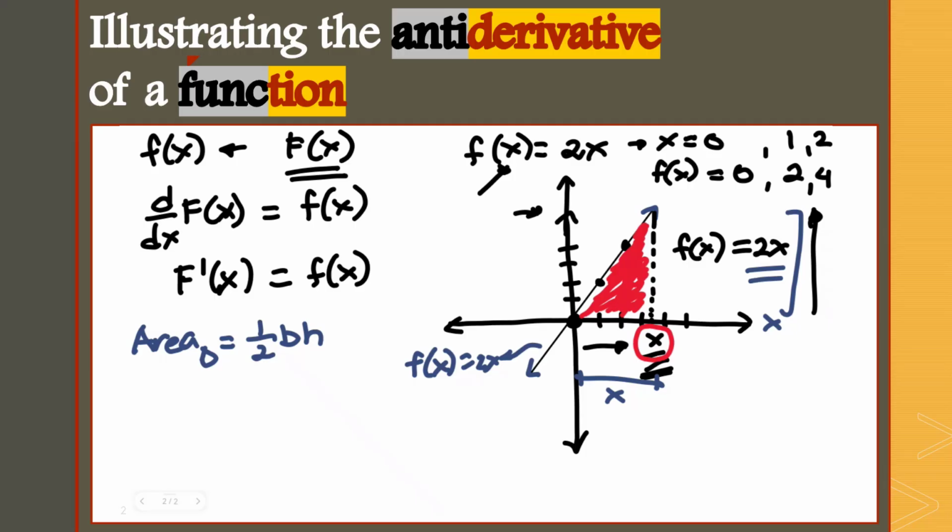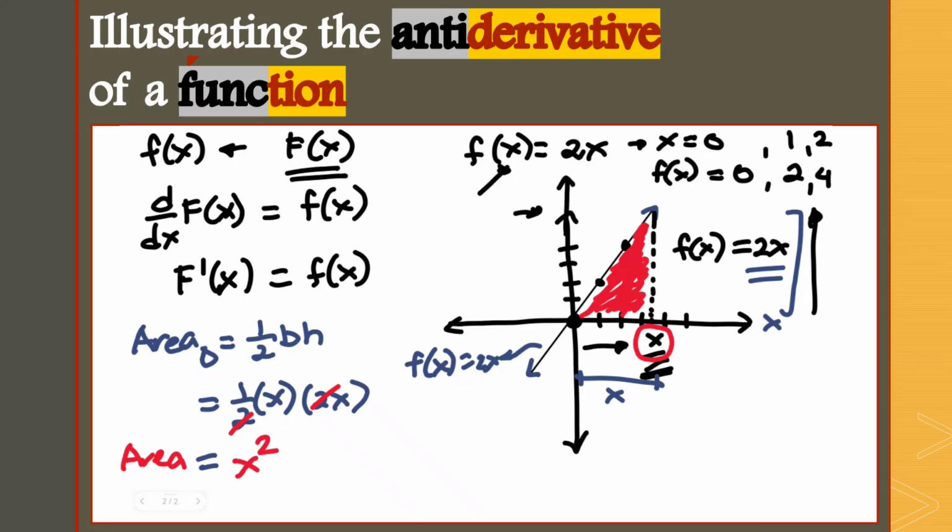That would mean we have one half times the base, which is x, times the height, which is 2x. So what is this equivalent to? As we take out 2, the area of this given region, the red one, since red is what we've been using to shade it, is actually equal to x squared.